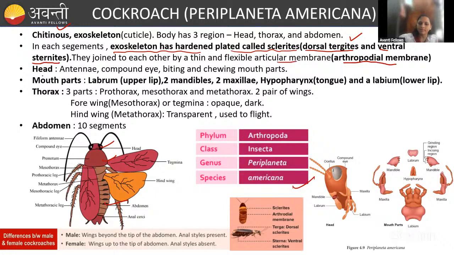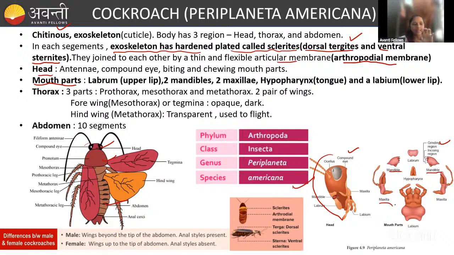Okay. And you can see the head here, the head part. The head consists of the compound eyes and antennae for sensing, and also the maxillae, mandibles, and mouth parts. The mouth parts are important, guys. Mandibles help in grinding the food, and also the incising region.